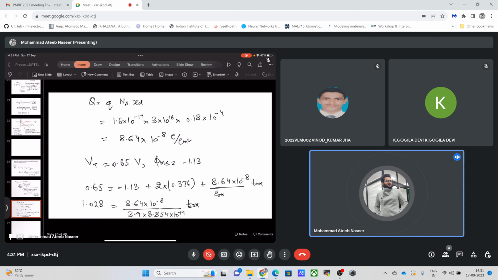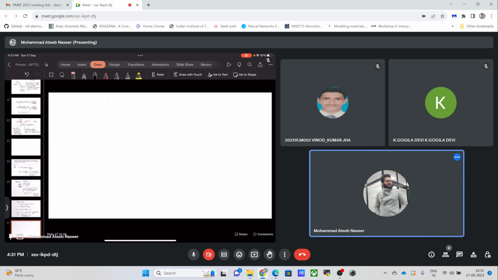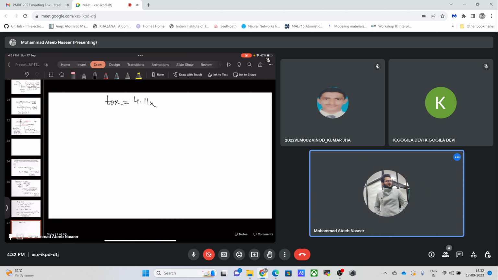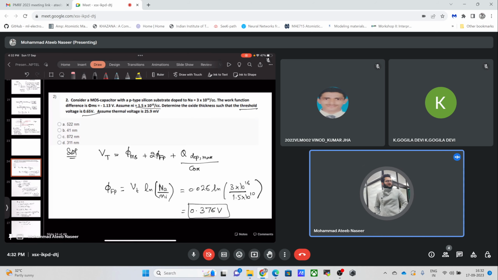So this Tox value comes out to be 4.11 into 10 to the power of minus 6 centimeter, or simply 4.11 into 10 to the power of minus 8 meter. Let's see what units we are required to find it in. We need to find it in nanometer.